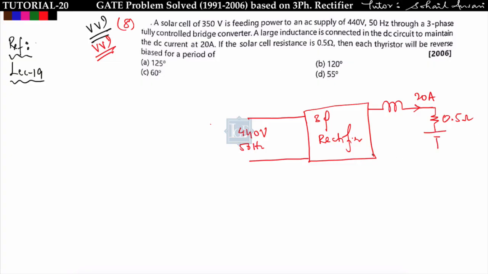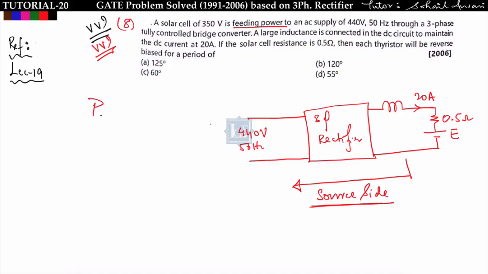For the solar cell, we must have an RLE type of load at the output. Here it is saying that the solar cell is feeding power to an AC supply, meaning power is delivered from the load to the source. This happens when the output power is negative, and the output power is V naught into I naught, where V naught is the average voltage and I naught is the average current.